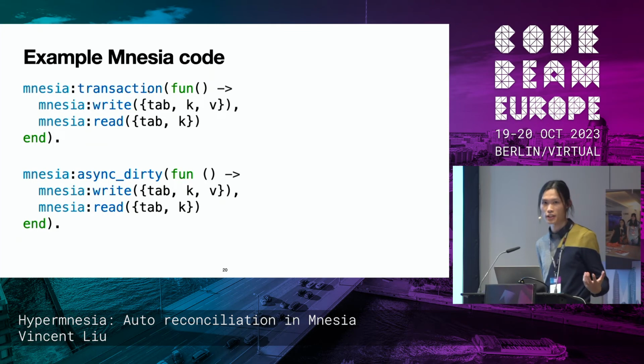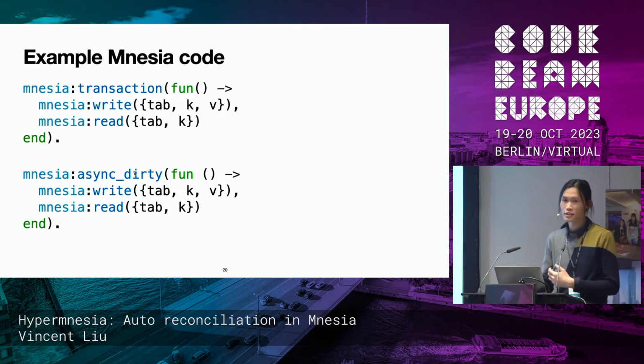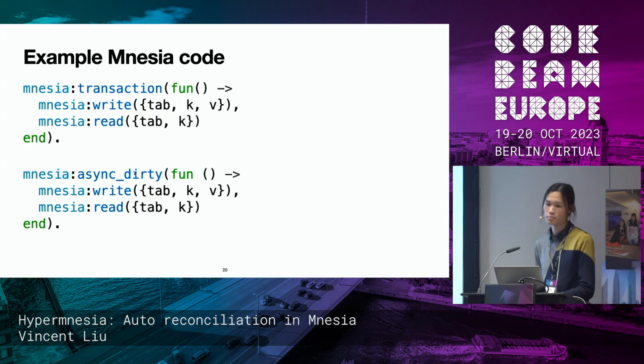A transaction is an access context, which describes how these operations will be performed on the Mnesia table. Transaction, for example, means these two operations will be done in an atomic manner. Async dirty is also an access context. It's quite a loose access context and provides much looser guarantees compared to transactions, but it's much faster.